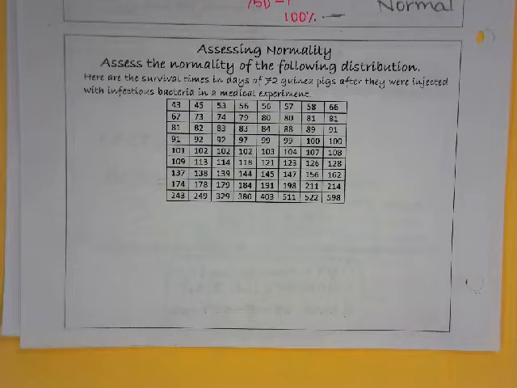So if your data follows a pretty linear line, we can say it's approximately normal.